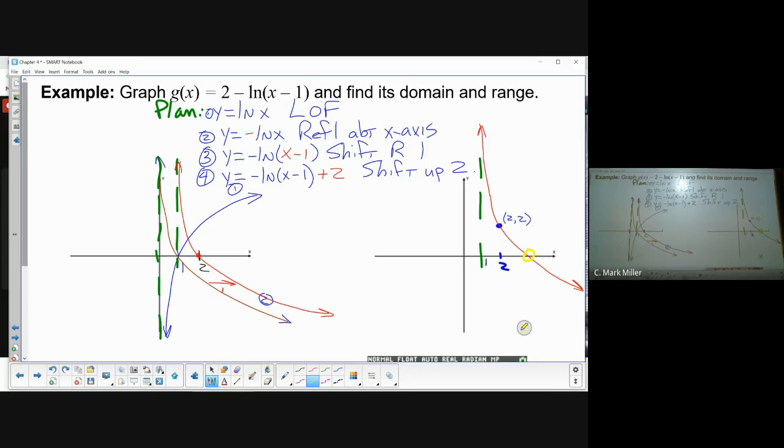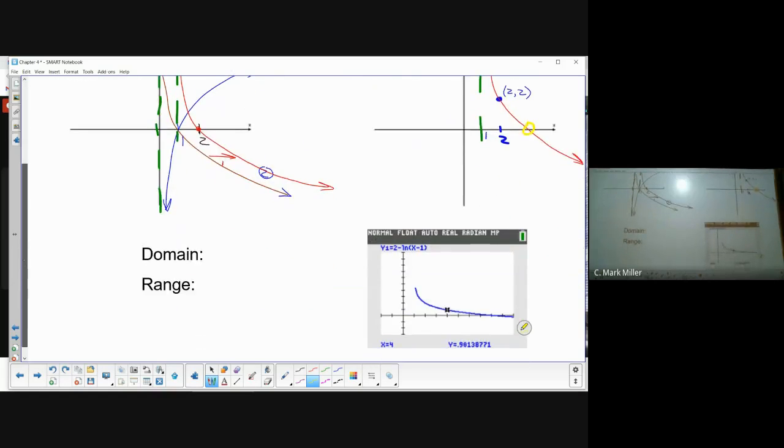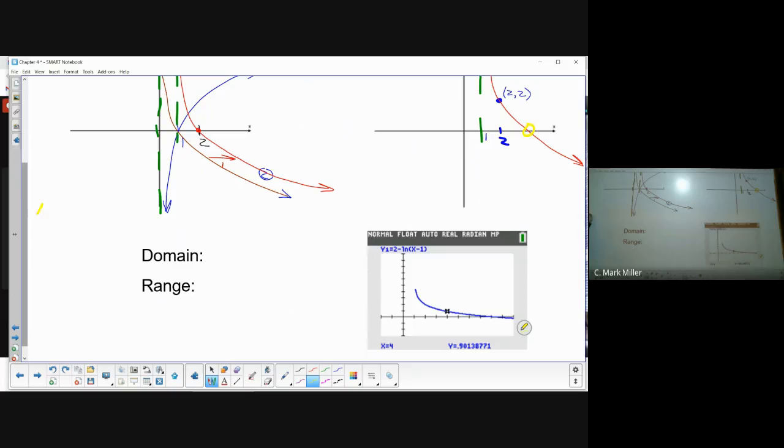So this is our equation. Oh, domain and range here. I'm just going to do x-intercept here. I'm going to solve 2 minus natural log x minus 1 equal to 0.